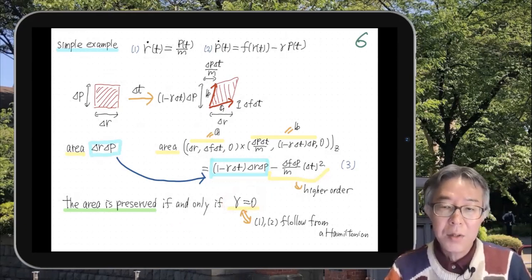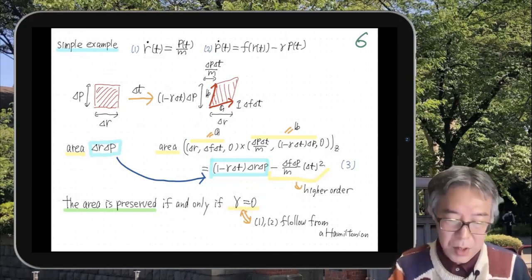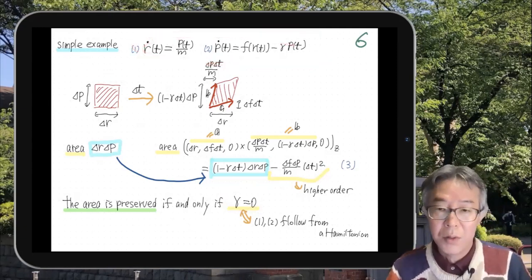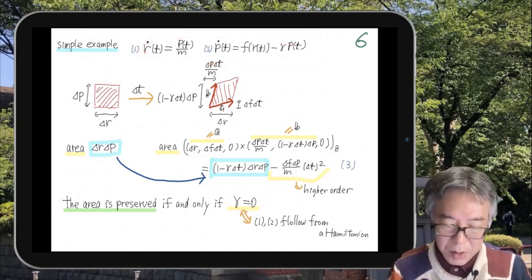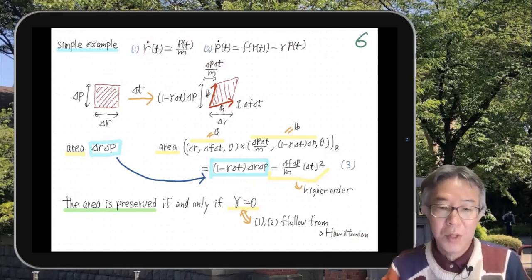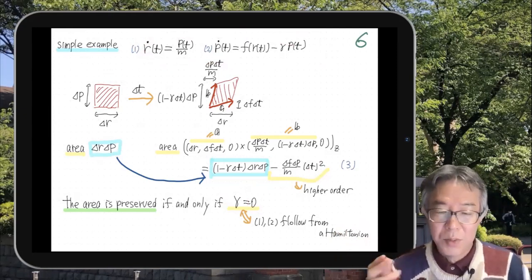And we know that gamma equals 0 means that these equations of motion follow from a Hamiltonian. If gamma is non-zero, you don't have any Hamiltonian equation. This is just an example, but it tells you that if you have Hamilton's equation and the corresponding time evolution map, then the phase space volume is preserved.